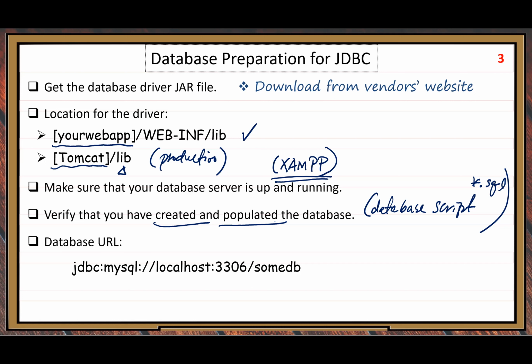When you change to a different DBMS, such as Oracle, you need to change the second part. Then the domain name, localhost, then the MySQL default port number, 3306. Then slash, then your database name. You need to replace this one with your database name.